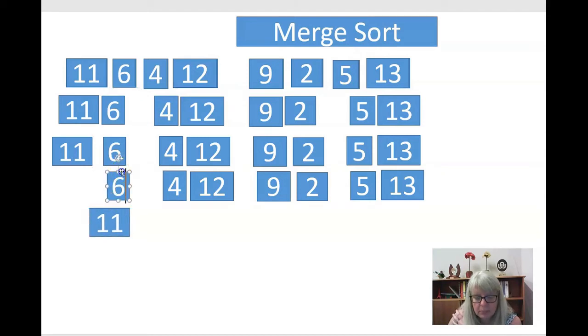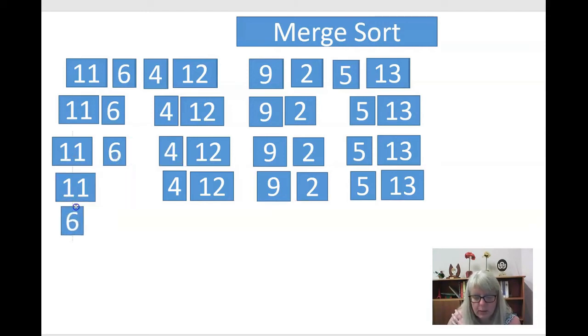But let's do it the right way, the merging way. I will compare, I will have 2 pointers, one at 11, one at 6. I will take the smallest one and put it in position in the new list. And then I will take the other element and put it into position in the new list.